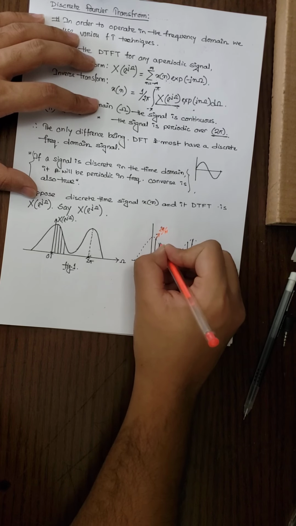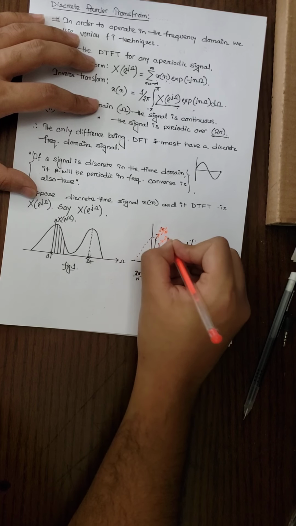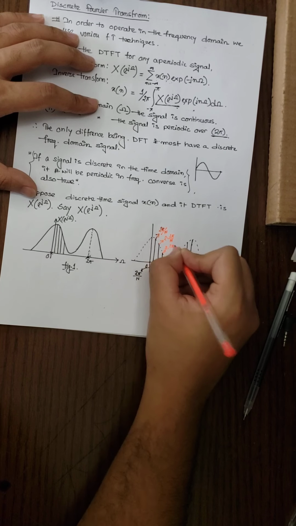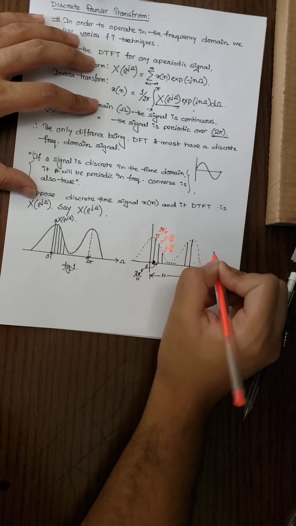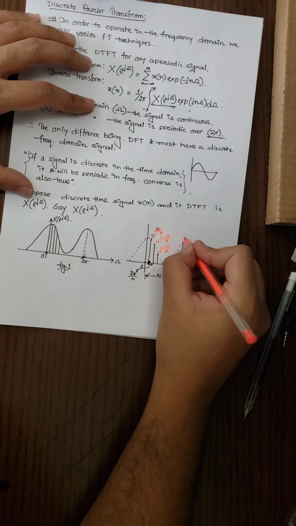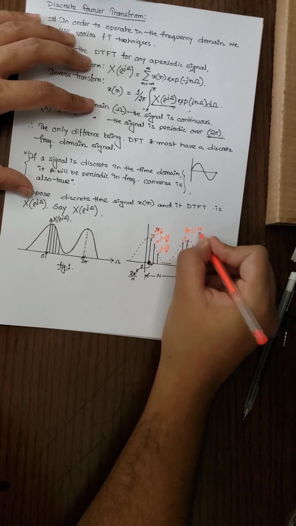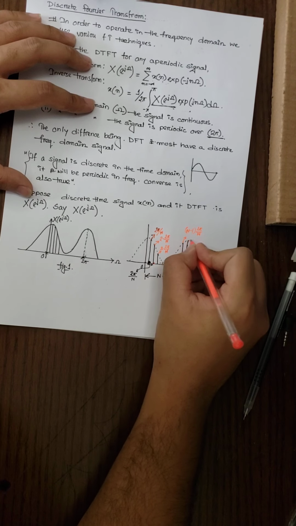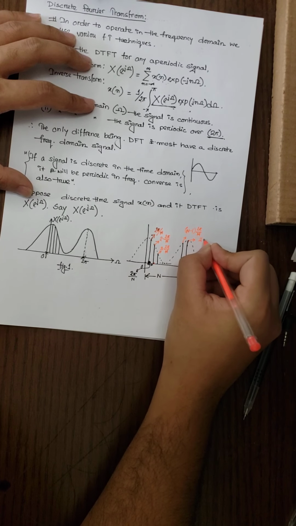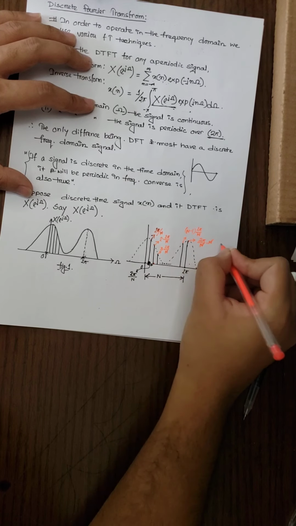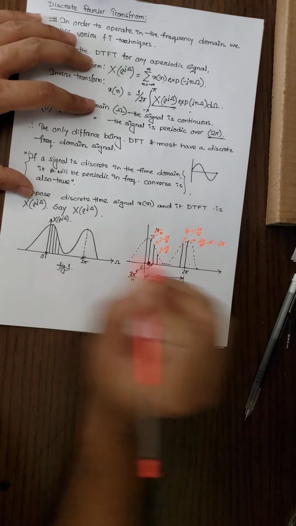This point will be 2 times twice pi over n. This will be 3 times twice pi over n. And this one will be n minus 1 times twice pi over n, and this sample will be twice pi over n times n. So n cancels out, this becomes twice pi.